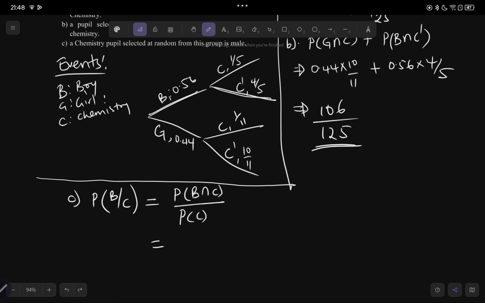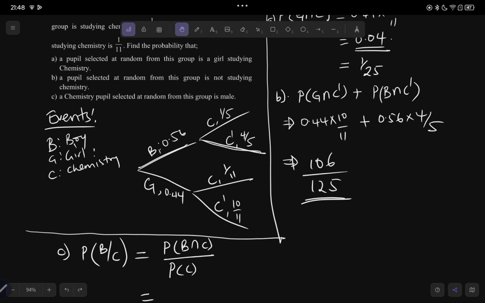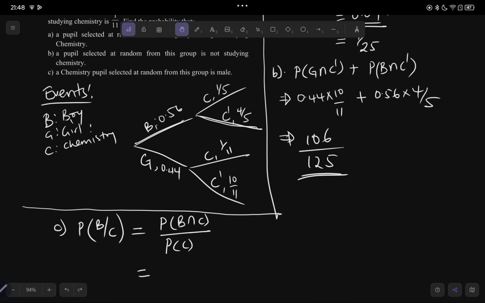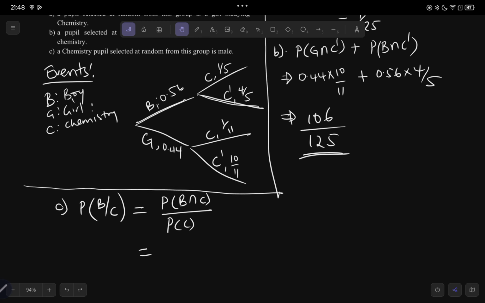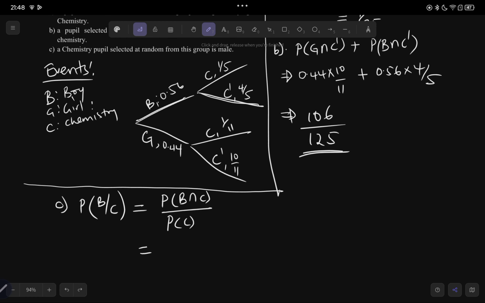A boy who does chemistry, we shall follow the branch for boy doing chemistry. So it is 0.56 times 1 out of 5. It is a boy doing chemistry.